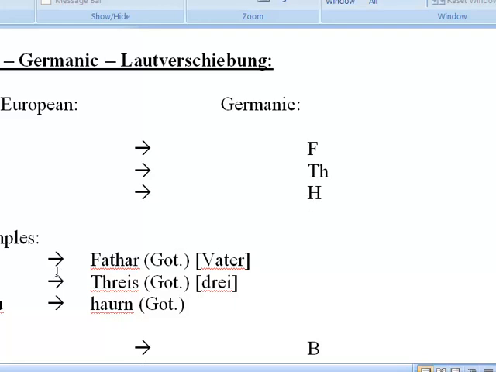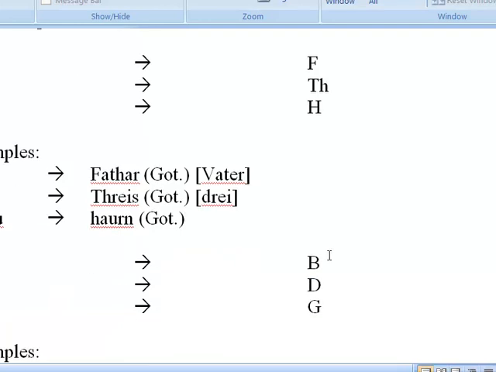The examples we have here in Latin, pater, and then in Gothic and lots of other Germanic languages, fadar. Tres, which is 3, in Gothic becomes threis, and then that becomes drei in German, or three in English. And then cornu, which is in English corn, and then here in Gothic, kaurn. So that's the first group.